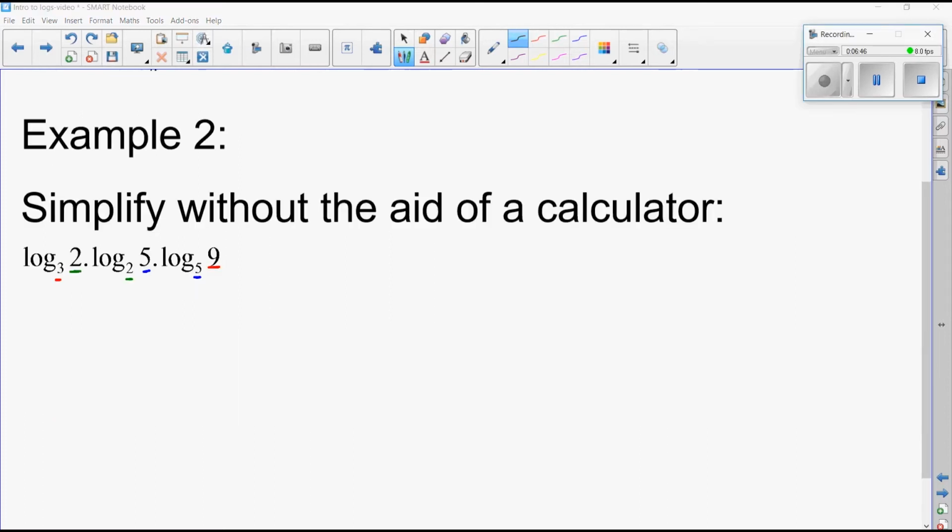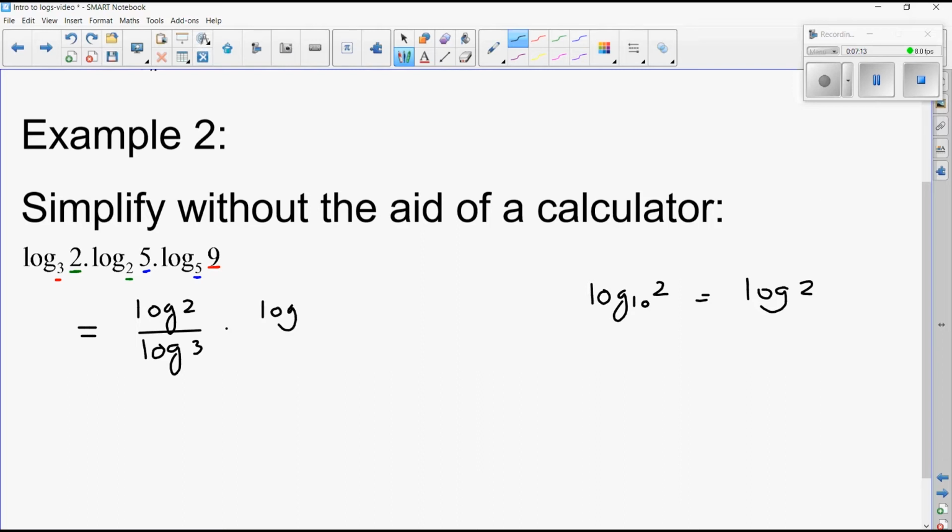So log of 2 to the base 3 will be written as log of 2 over log of 3. Just remember that log of 2 to the base 10 is written as just log of 2, and this is the common log. Right, log of 5 to the base 2 will be written as log of 5 over log of 2.